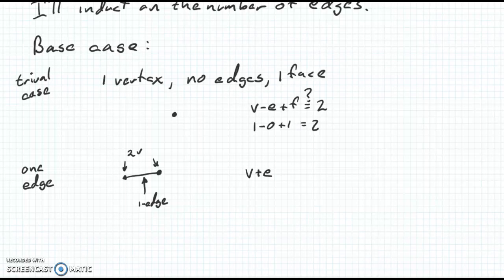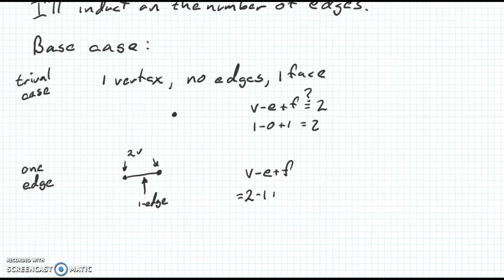So we have vertices minus edges plus faces is equal to, well, there's 2 vertices. Oops, I said minus edges plus faces, but I wrote it in the wrong order. There's 2 vertices.